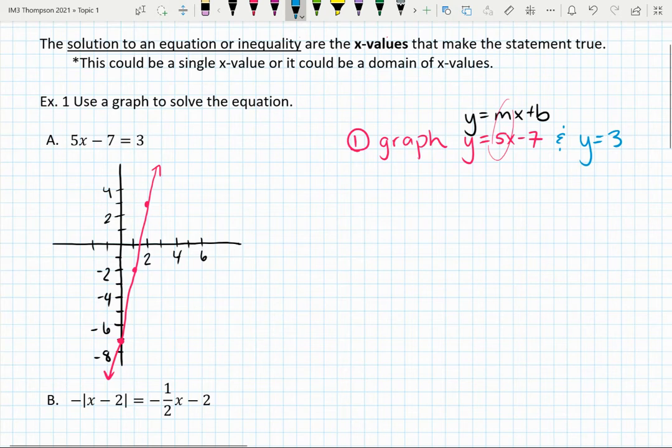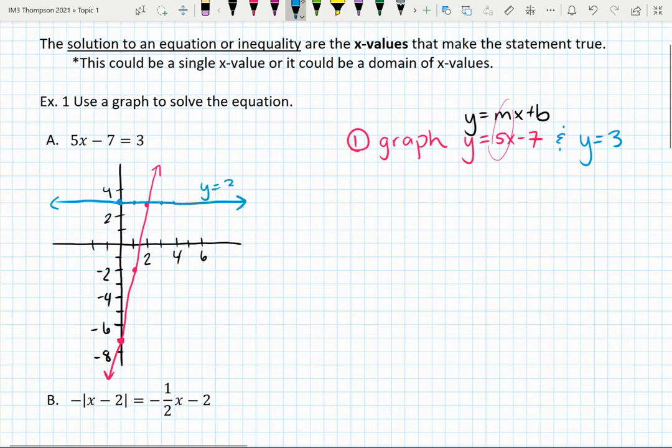Then I'm also going to graph y equals 3. So y equals 3, I have no x in it, so I have no slope. y equals 3 is going to be a horizontal line, which has a 0 slope, and intersects the y-axis at 3. So I go up 3, and then 0 slope means I go up or down 0 and right 1 or 2 or however many. So this is actually going to be a perfectly horizontal line.